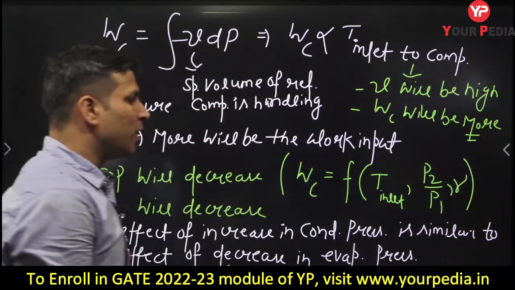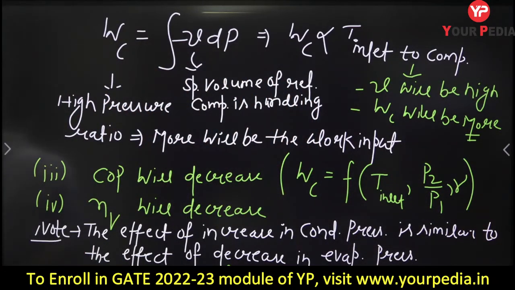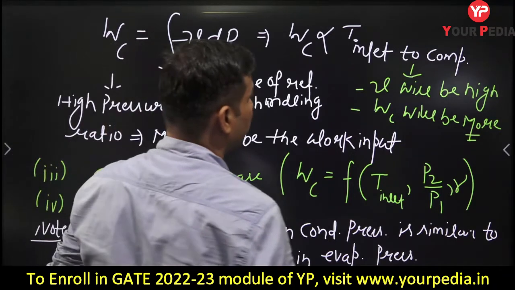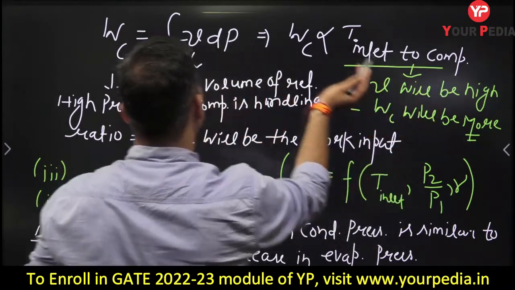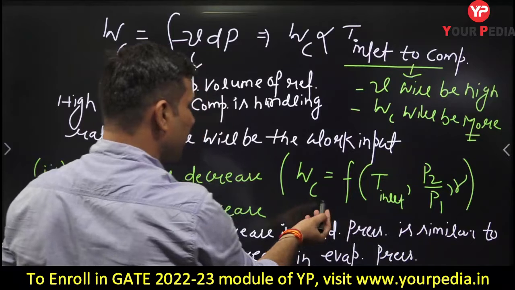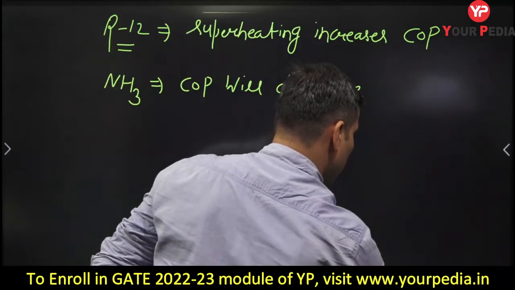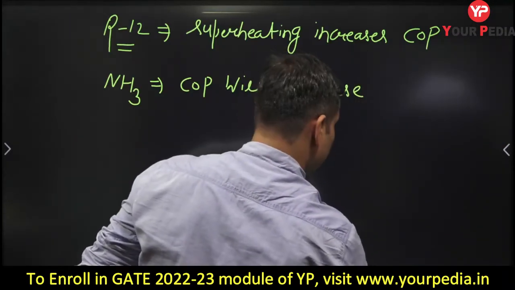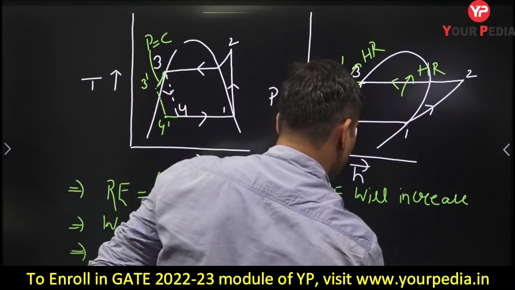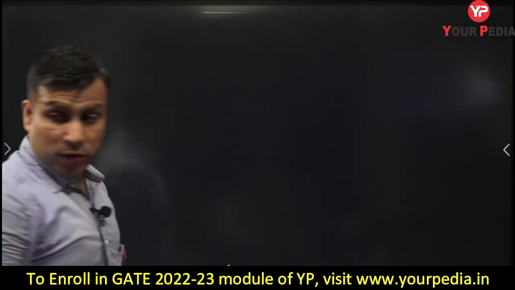Because if you develop an expression from this, easily you will get that. T inlet, pressure ratio and gamma. मैंने यहाँ T inlet लिखा था, pressure के लिए मैंने अलग से बता दिया था, because pressure ratio is increasing, so compressor work will increase.